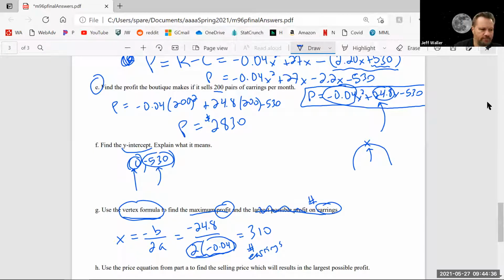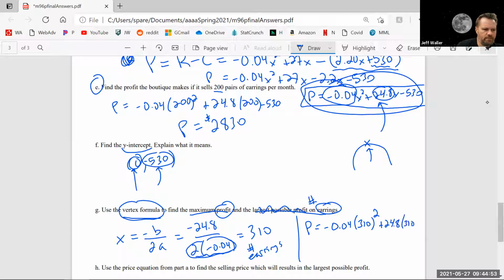Anybody? Do I have such a magic equation? Yes, you do. Of course I do. We all made this thing up here. So if I just plug in 310, I will figure out what the highest profit is I can make in my little business venture here.